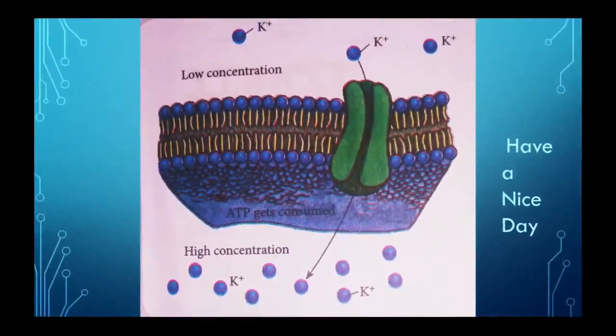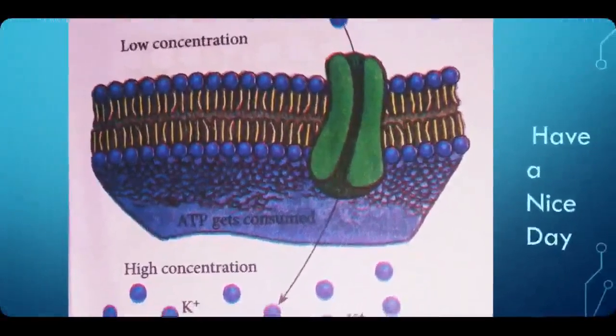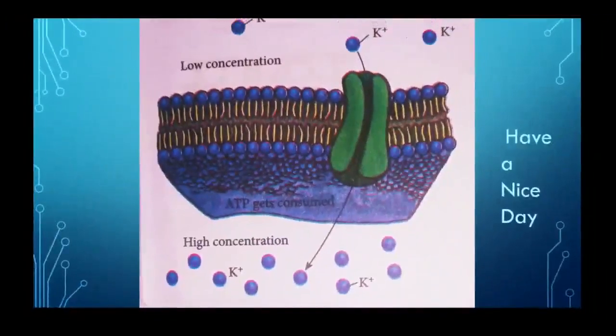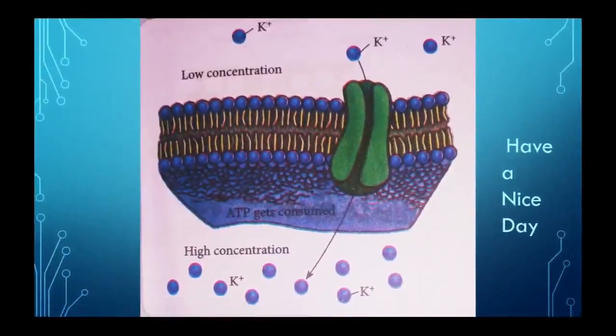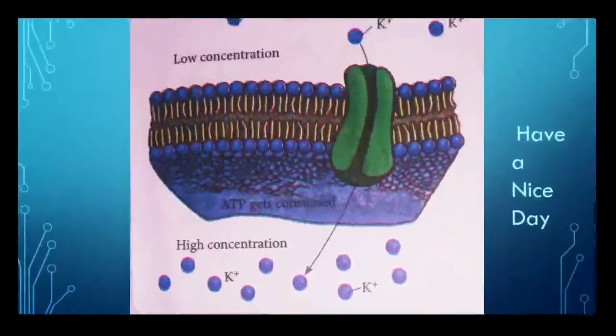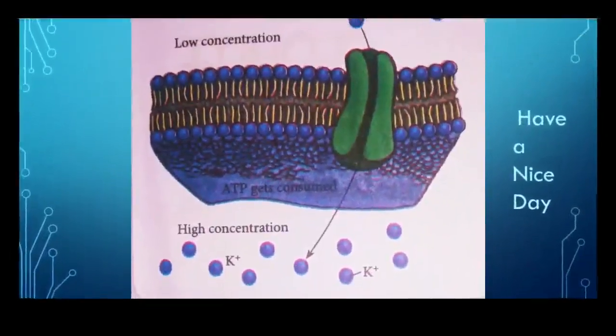The green is working as a protein molecule. This protein molecule binds with the particular mineral and makes it discharge into the inner side of the cell. This is how active transport takes place.